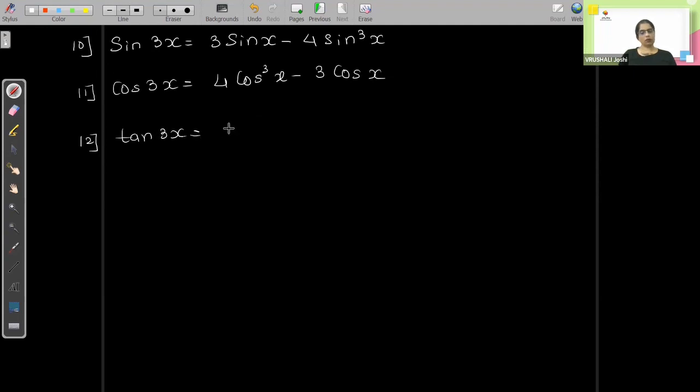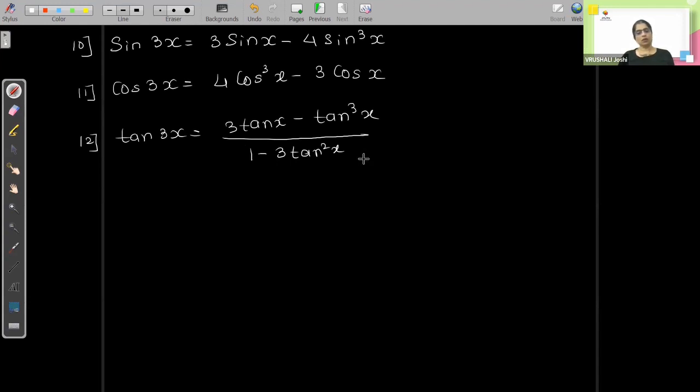Tan 3x is equal to 3 tan x minus tan cube x by 1 minus 3 tan square x, correct.